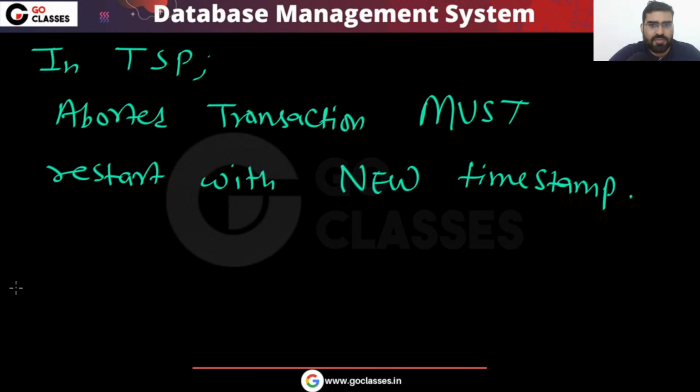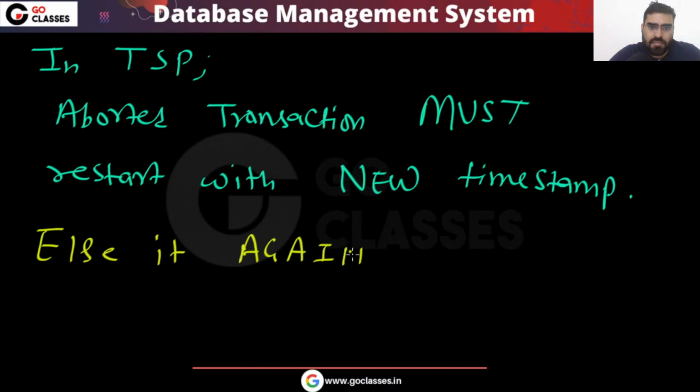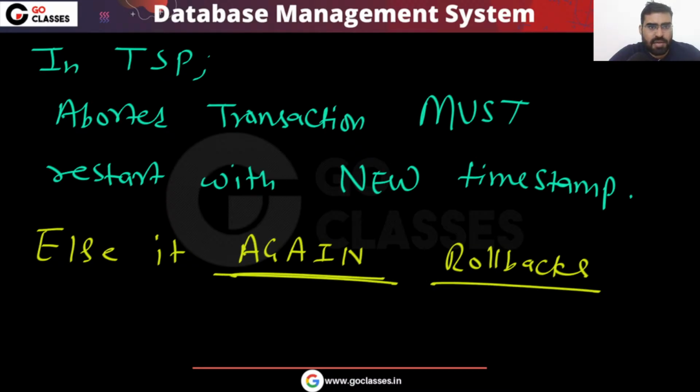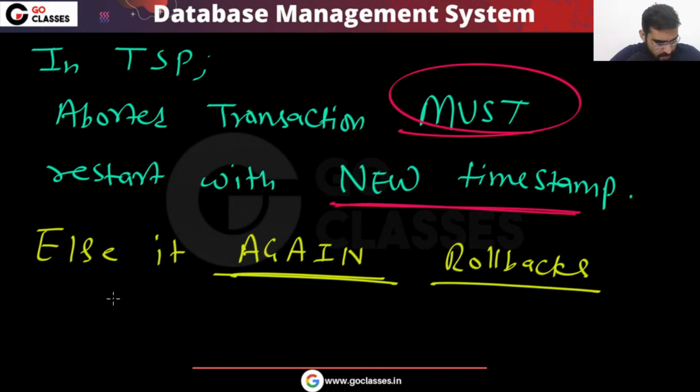It must start with the new timestamp, else it will again roll back. Is this crystal clear? Tell me that it must start with a new timestamp. Please let me know.